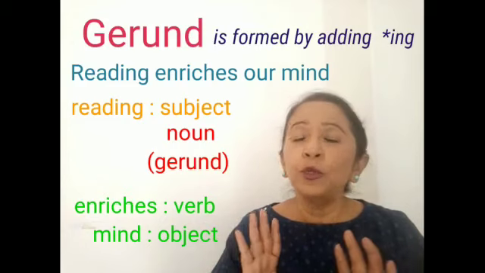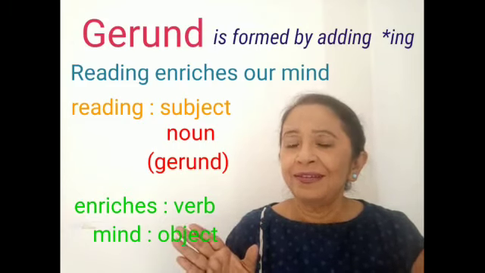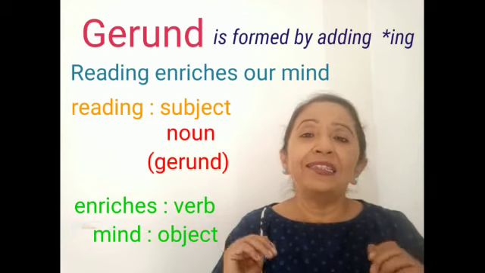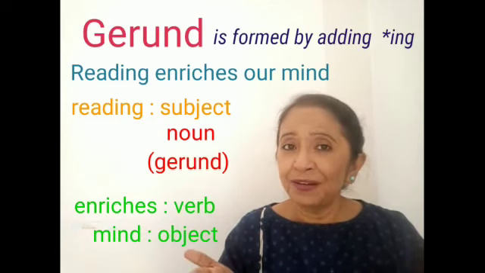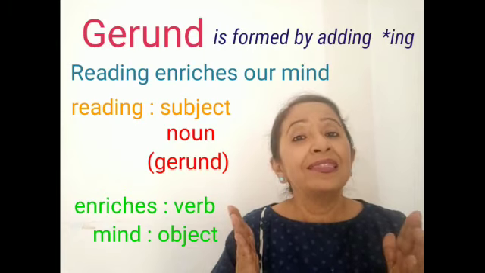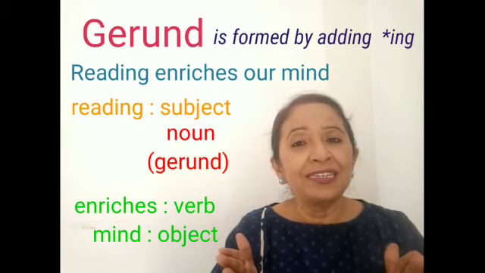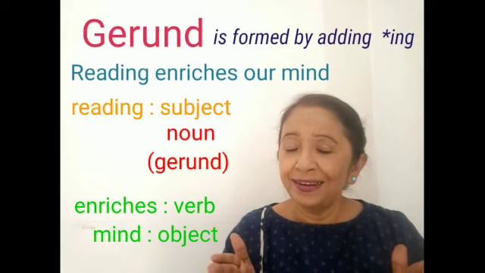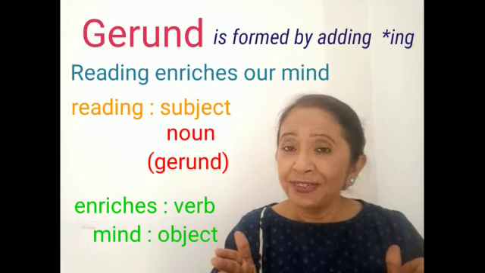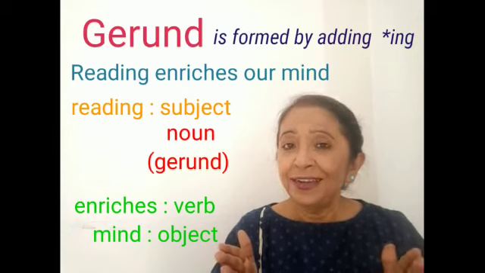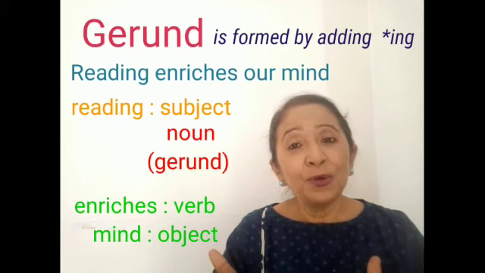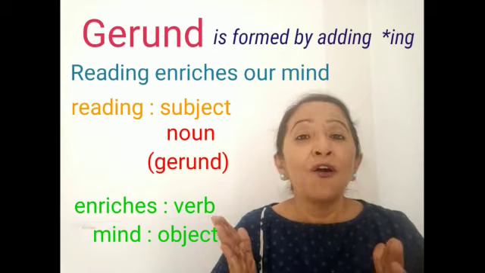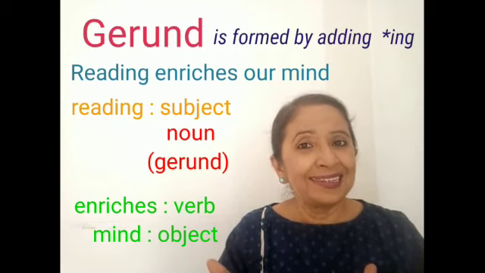At the moment, nobody is reading, or nobody was reading in the past, or nobody will read in the future. It's just the name of the activity. We are talking about that activity known as reading, and it is also the subject of the sentence.